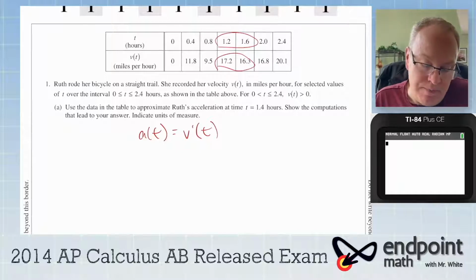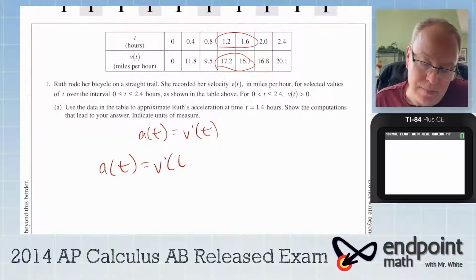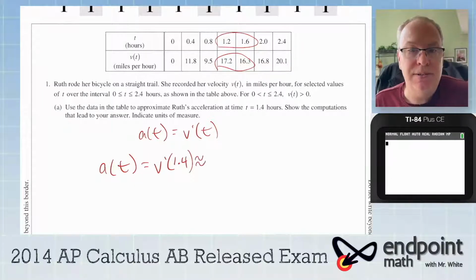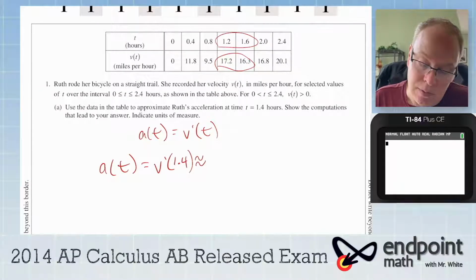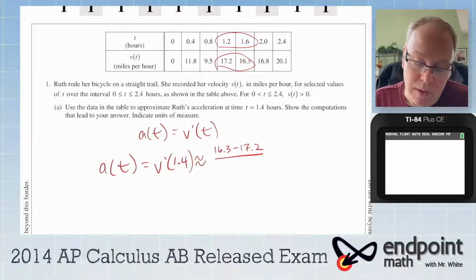So we would say the acceleration is going to be the velocity at 1.4, and then we really should put an approximate symbol there because it's roughly equal to, we would take 16.3 minus 17.2 all divided by 1.6 minus 1.2.